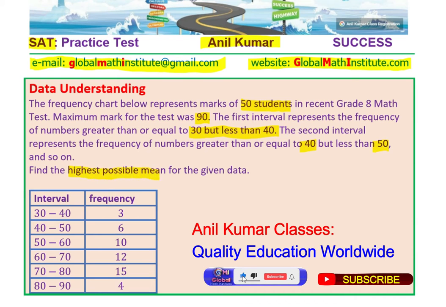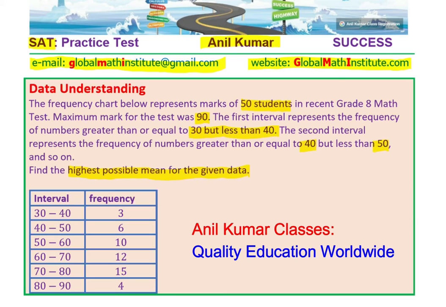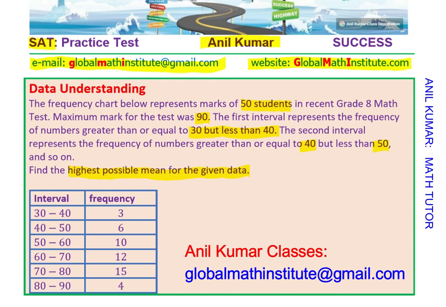So we have to find the highest possible mean from the given data. We are given that the total number of students is 50. Now, how do we find the highest possible mean from this data? It is important to understand what is given to us. In the interval, when I say the interval is from 30, then 30 is included in the frequency, but 40 is not included.